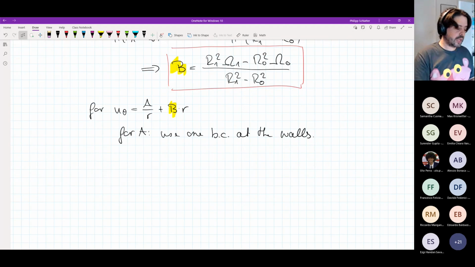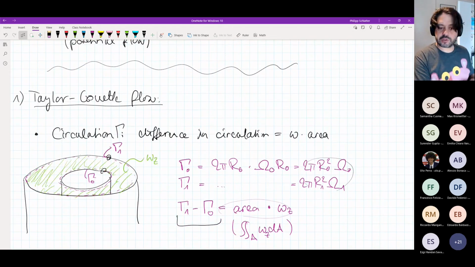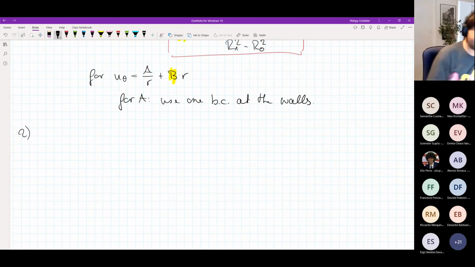Okay, so with this, I would like to close the topic of the Taylor-Couette flow as one application for the concentric streamlines. And I would now go to a second application, which is actually quite relevant because that's now really a description of the vortex.